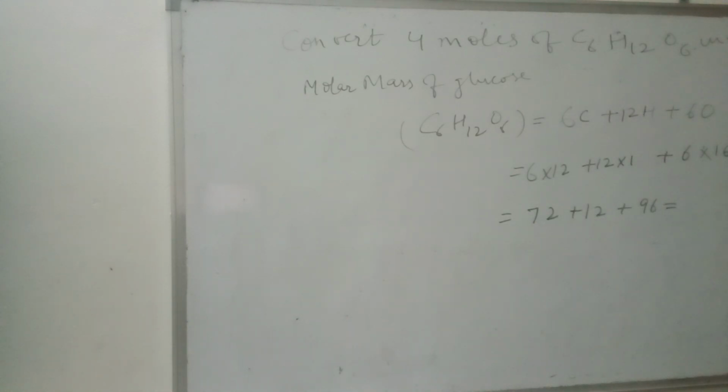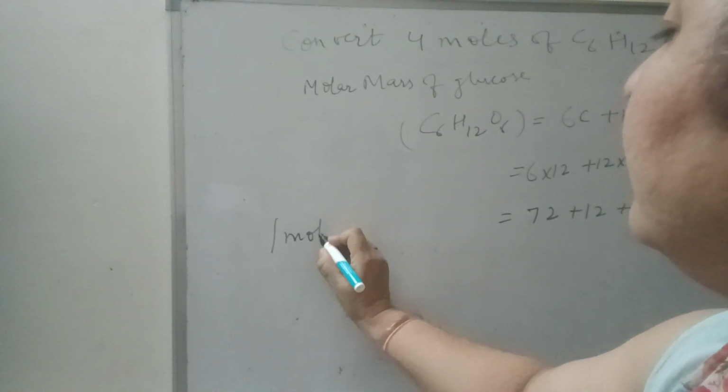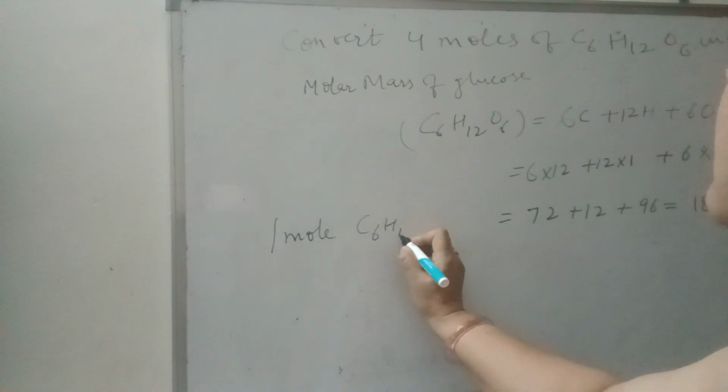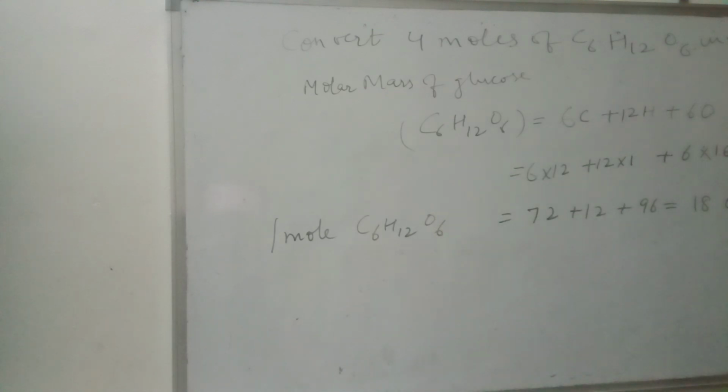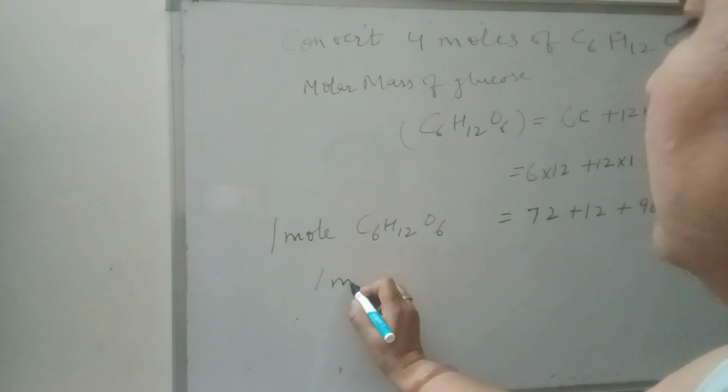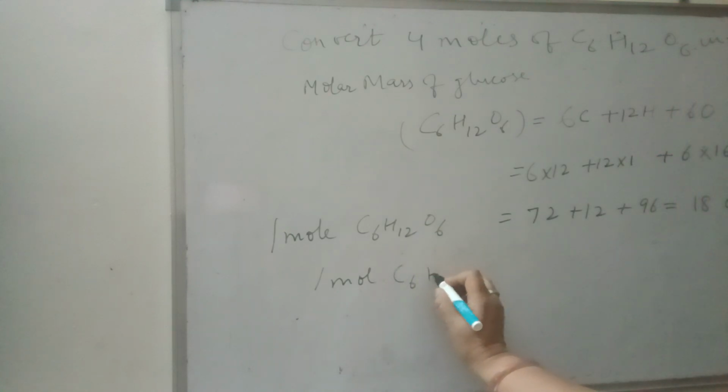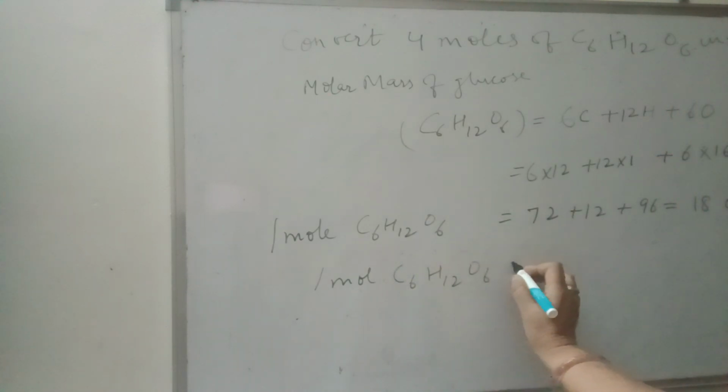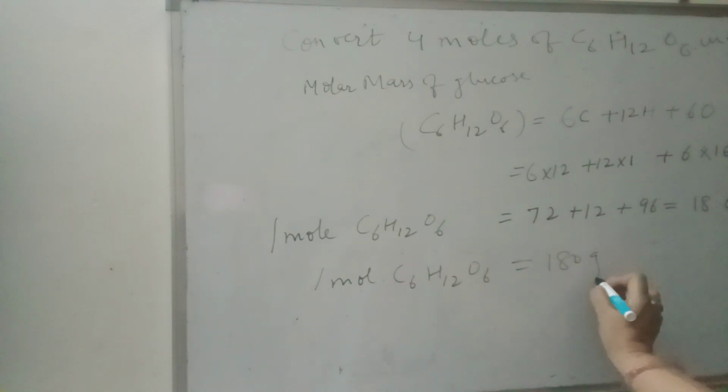We will add it, 180. 1 mole C6H12O6 is equal to 180 gram.